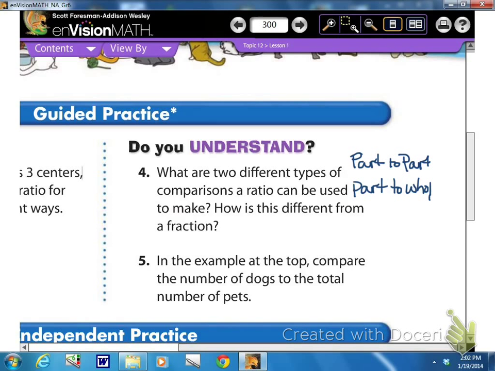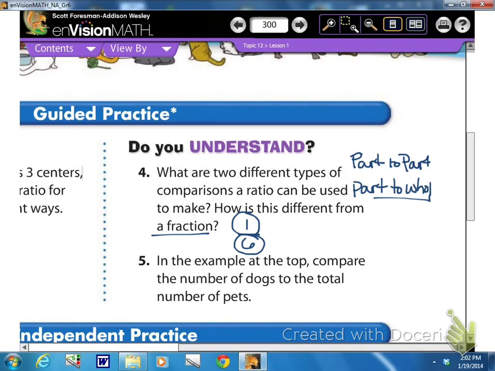Now, not going to get it all on there. How's this different from a fraction? Well, when we think of fractions like 1/6, we're always talking about part to whole. We're saying, well, how many does it take to make a whole? Well, 6. And how many pieces do we have? 1. So in fractions, this is why it's somewhat different. In a fraction, we're always talking about part to whole. Where in a ratio, we can be talking about part to whole, or the opposite, whole to part.